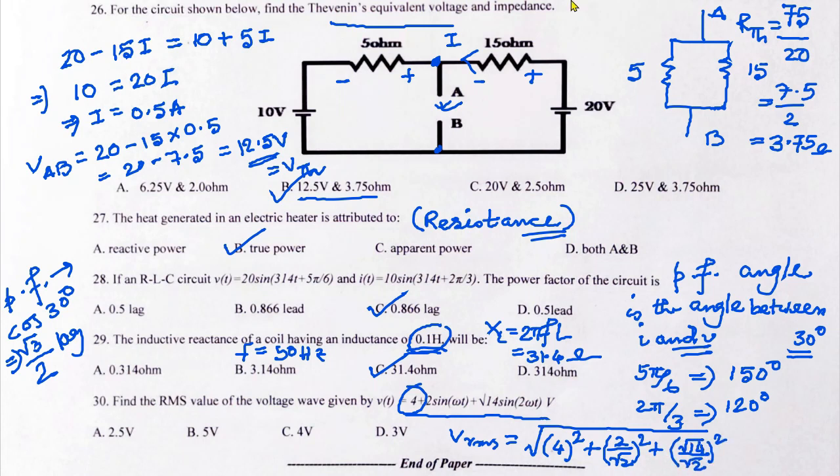So this will give you root over of 16 plus 2 plus 7. So this will be equal to root over of 25. So here the RMS value will be 5 volts. That is option number B.